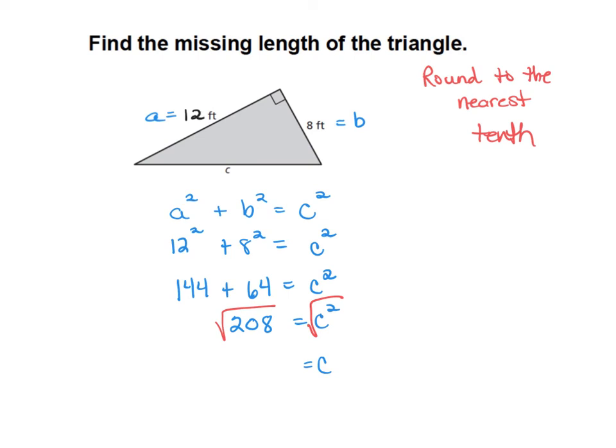So when we do the square root of 208, we get 14.422... So we want to round to the tenths place. What would C be rounded to the nearest tenth?